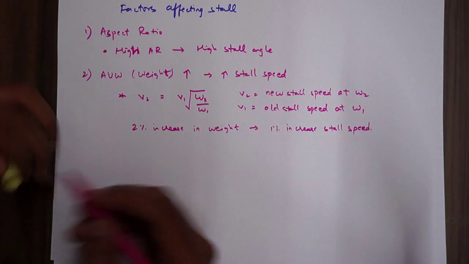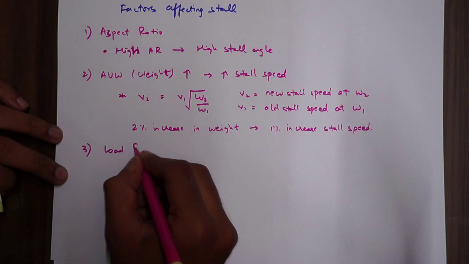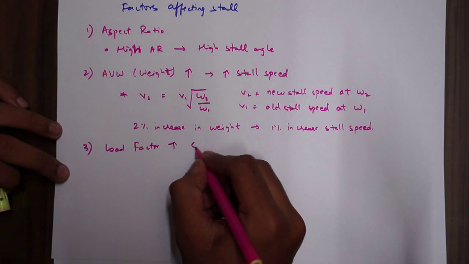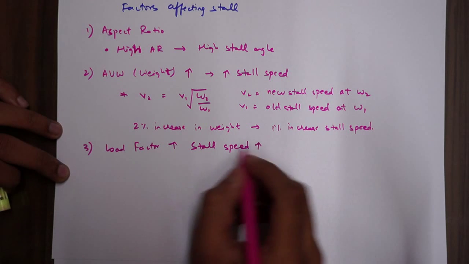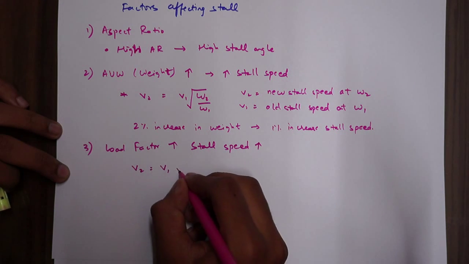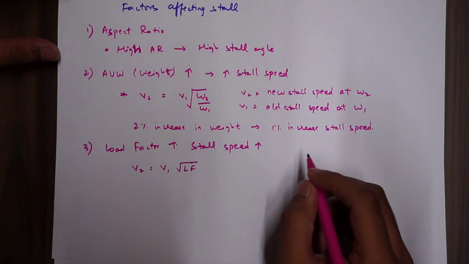Alright, next one is load factor. So with increasing load factor, your stall speed shall increase, and this is governed by V2 equals V1 times the square root of the load factor.